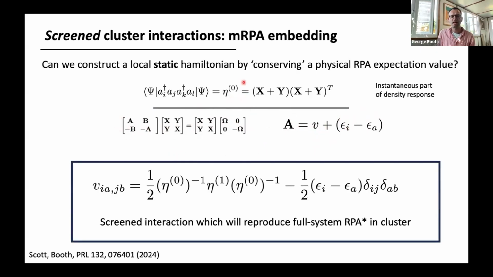So what we can do is take a two-body density matrix over the full system, which we can compute at RPA, project it into a local region of interest, and then invert these equations in order to find the interaction that would give rise to the instantaneous part of the density response in the subspace we desire.